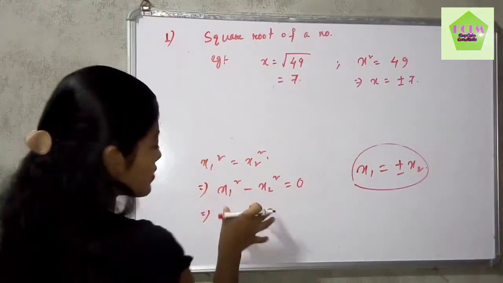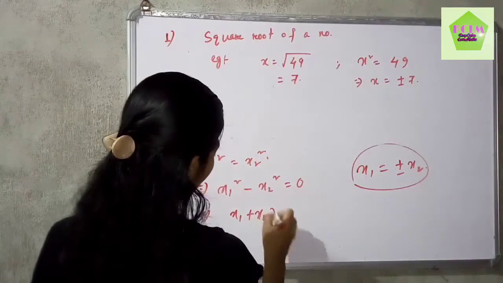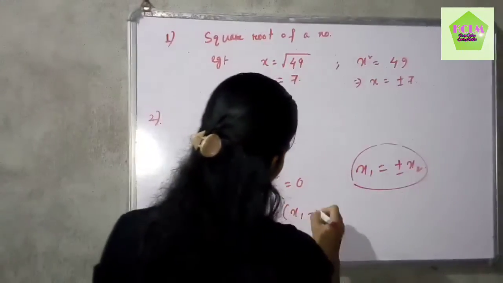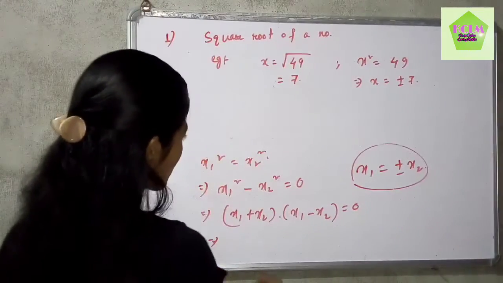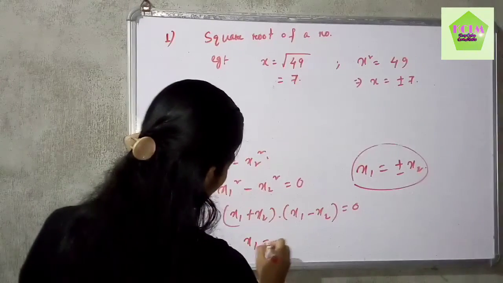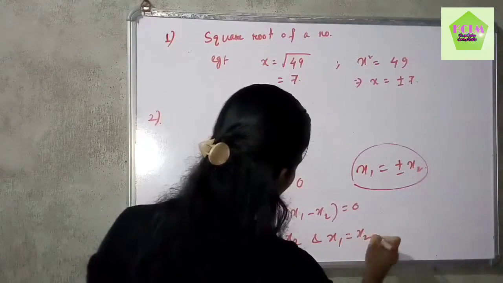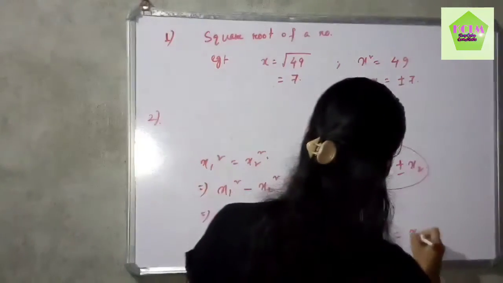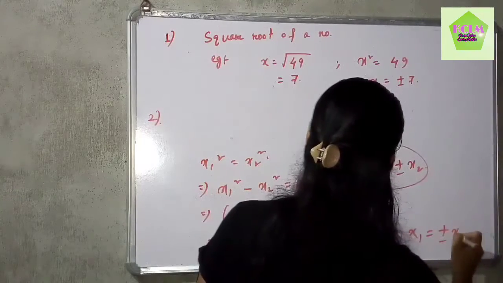Then it is in the form a square minus b square, so a plus b into a minus b equals 0. In a similar way as before, x1 will be equal to minus x2 and x1 will be equal to x2. Therefore, x1 equals plus or minus x2.